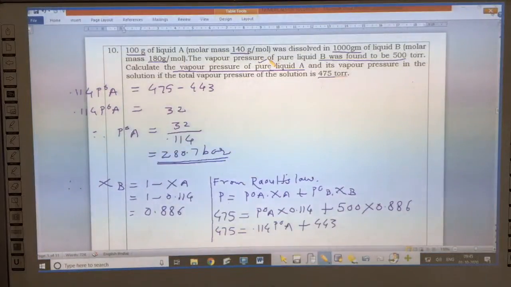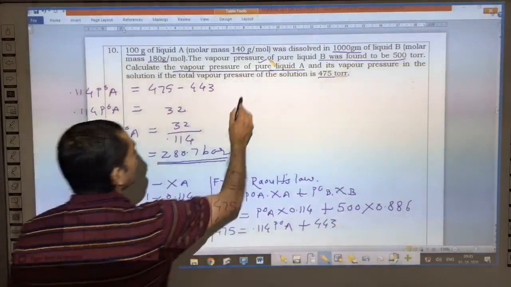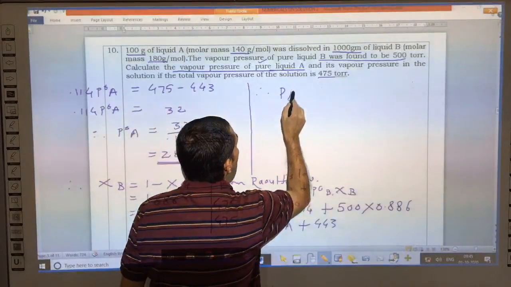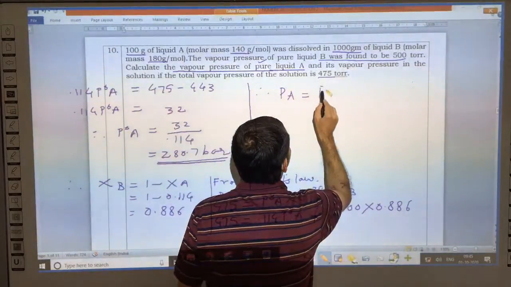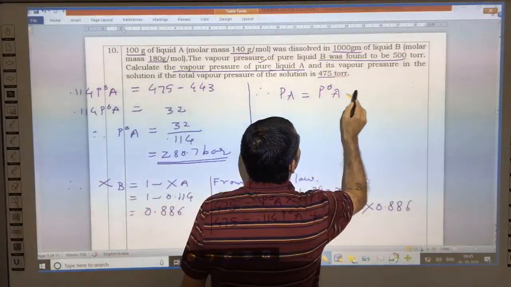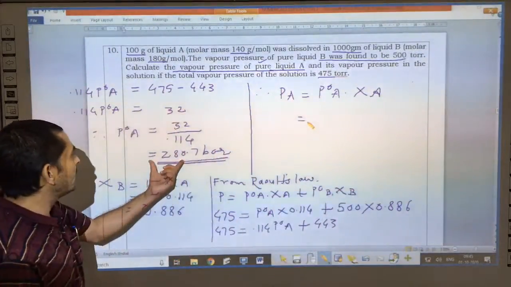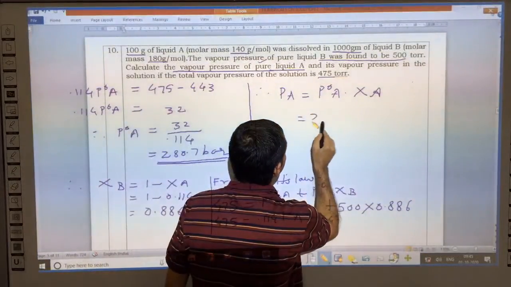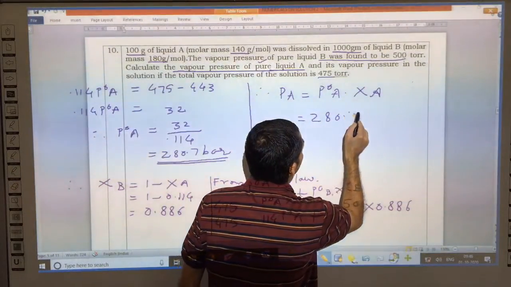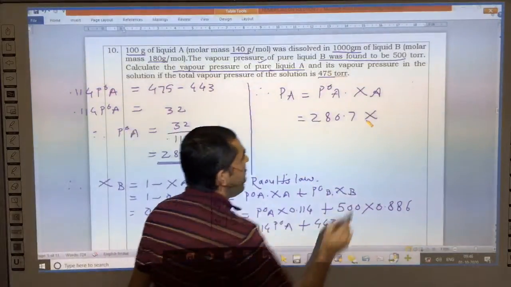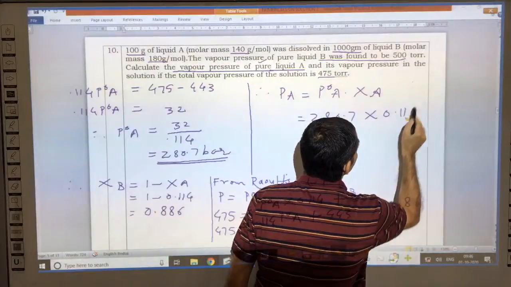The question asks to calculate the vapor pressure of pure liquid A and its vapor pressure in solution. One more part is left. Therefore PA in solution is the pure vapor pressure multiplied by its mole fraction. Pure vapor pressure is 280.7 multiplied by the mole fraction XA, 0.114.